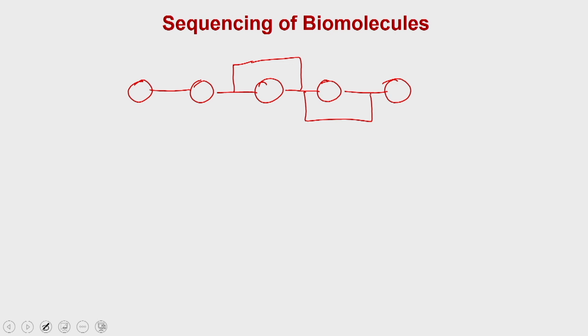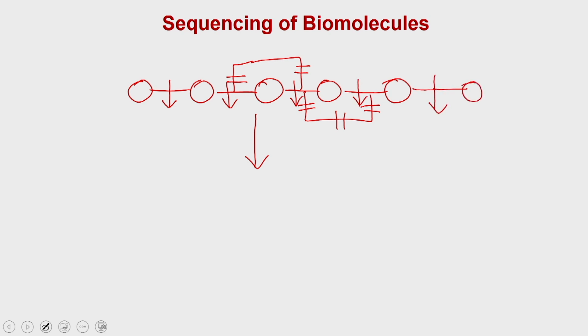If you would like to sequence this biomolecule, which is made up of many monomers, first you have to destroy all these intramolecular bondings. The second thing is that you also have to cleave the biomolecule at the end of every monomer.